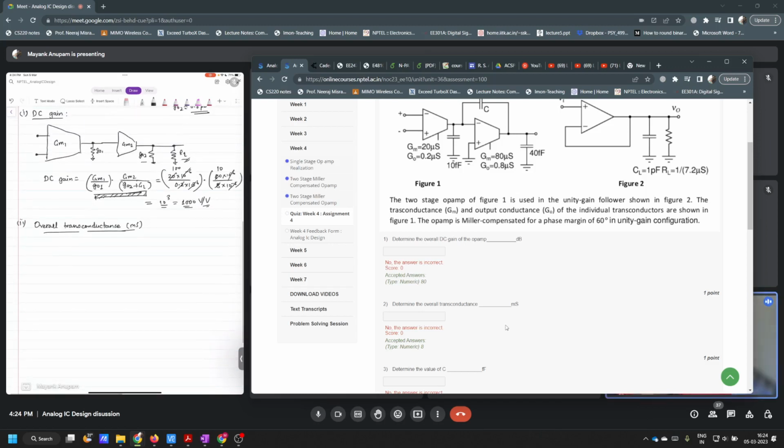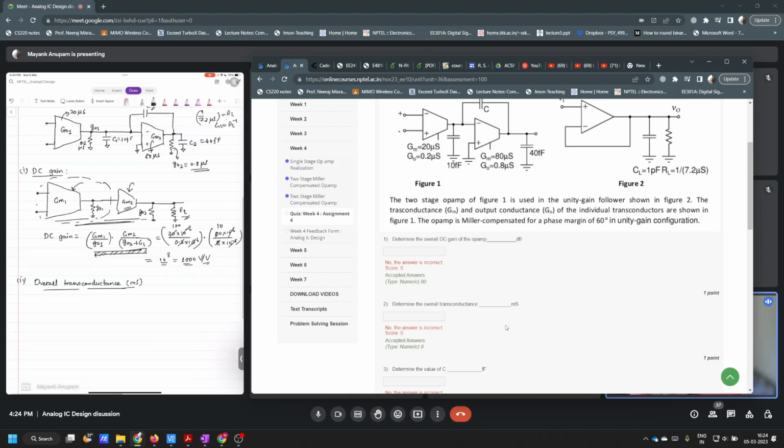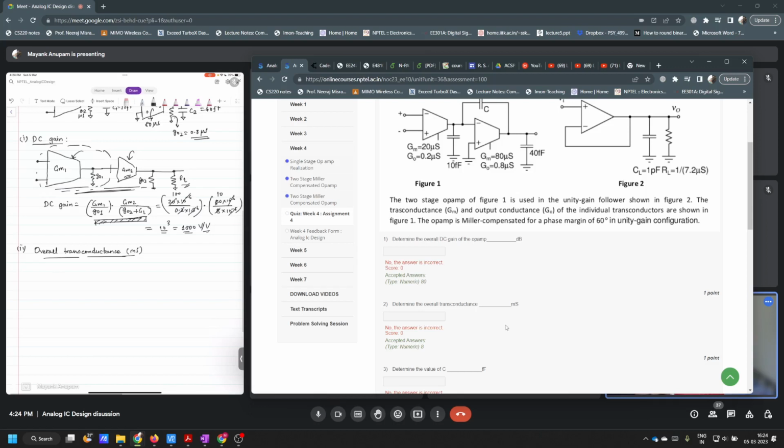Basically, overall transconductance means, if you look at this picture here, the transconductance of GM2, the first stage is a gain block, right? The first stage is simply amplifying the second stage transconductance by some factor, GM1 by GO1. That is why the overall transconductance is simply GM2 into GM1 by GO1.